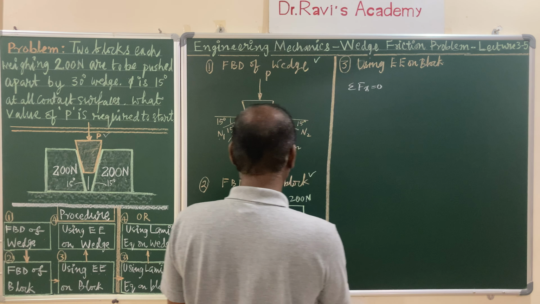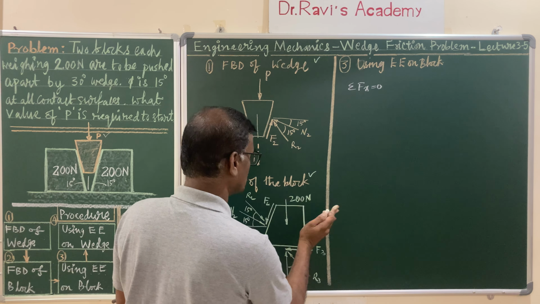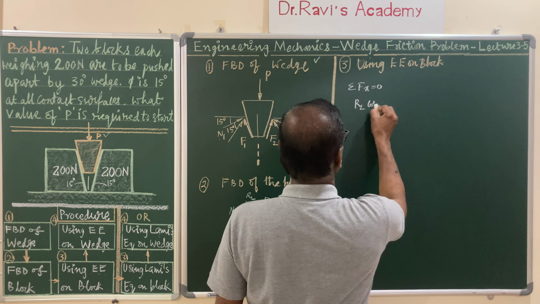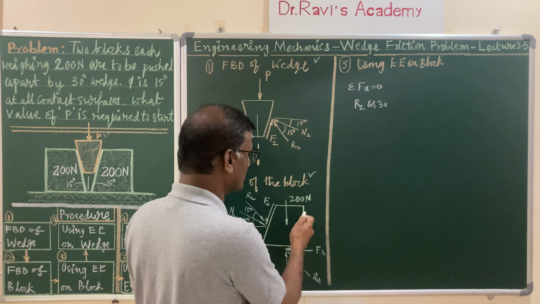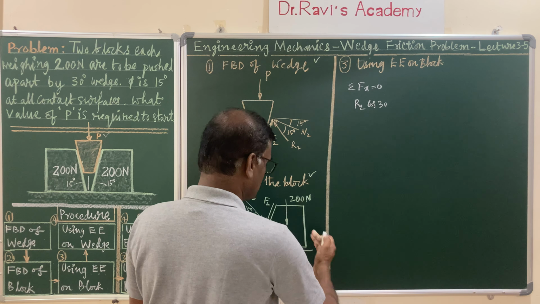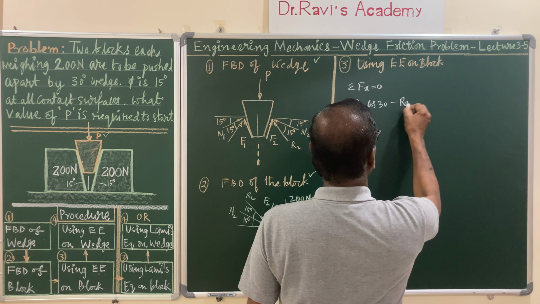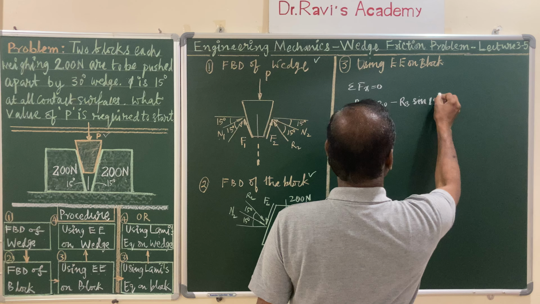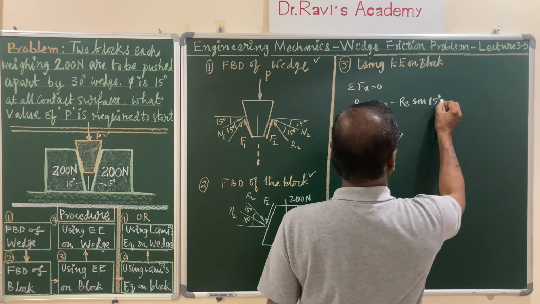This equation gives you the component of R2 along the horizontal pointing to the right, positive, so that is R2 cos 30. There is no component of the 200 newtons in this equation because it is vertically downwards. And the component of R3 is pointing to the left, so that is minus R3 sine 15 degrees, equal to 0.